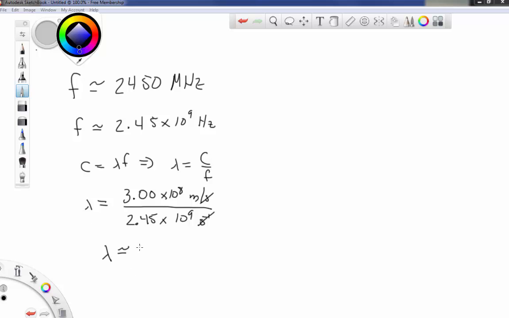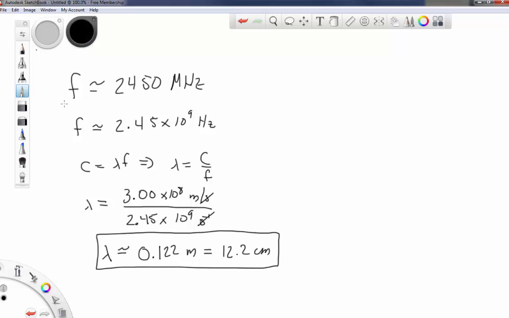So the microwave in my office has a wavelength of 0.122 meters, or 12.2 centimeters. What this means is that if you were to use the microwave that I have in my office, which is just a standard microwave that I bought at Walmart, nothing special about it, you should be able to find one of these antinodes every half wavelength.